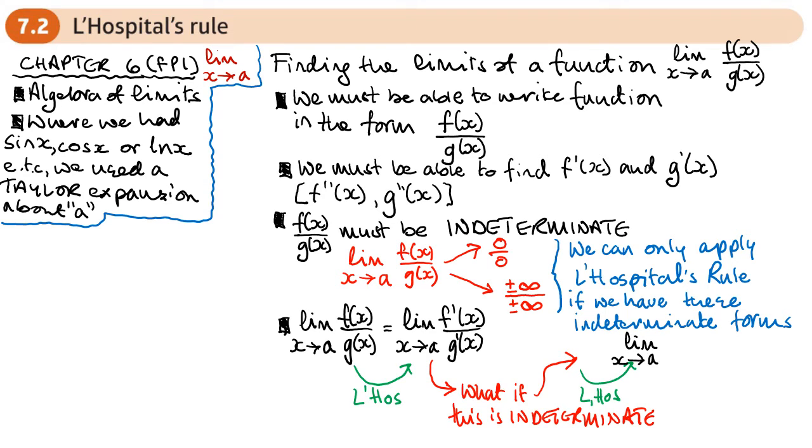And it can be applied again, as long as all of the rules are satisfied. So if we get to this point and we find this is indeterminate, we get 0 over 0 or infinity over infinity, and these functions can be differentiated, then we can differentiate these again, as long as we can write it as a quotient, a fraction, and then we can work out the limit of this.